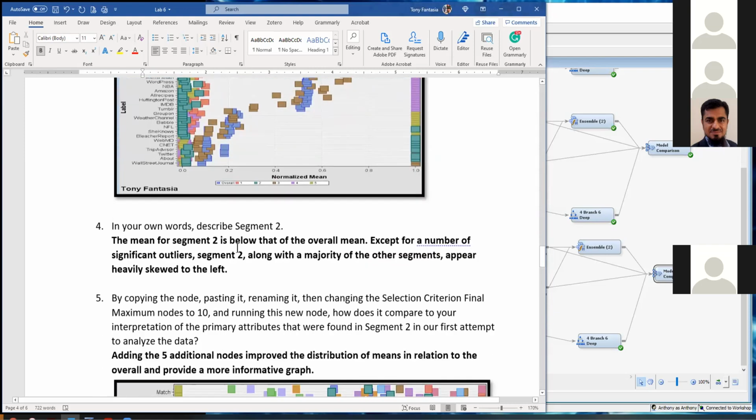So then for number 4, describe segment 2. I said that the mean for segment 2 is below that of the overall mean, which is the blue, except for a number of significant outliers on the far right.